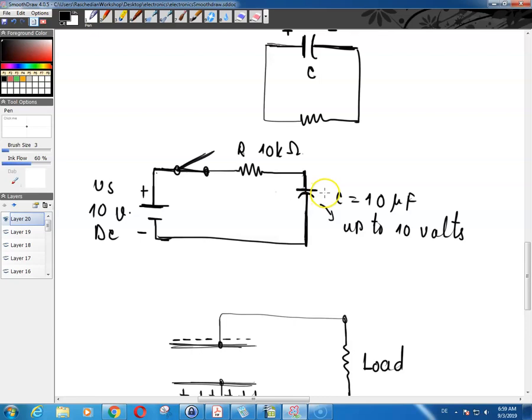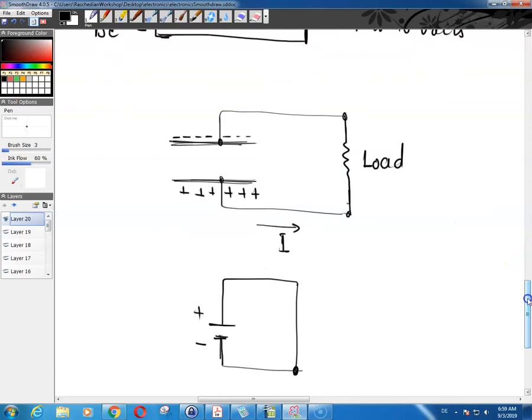Now, depending on the resistor that you use in the circuit, there will be some time required for the capacitor to charge fully, and there is some terminology here that you need to be familiar with.